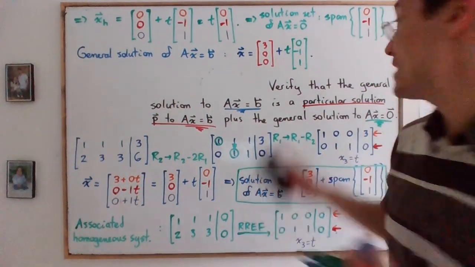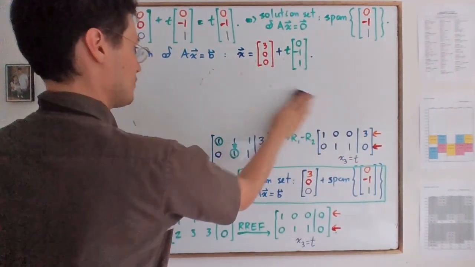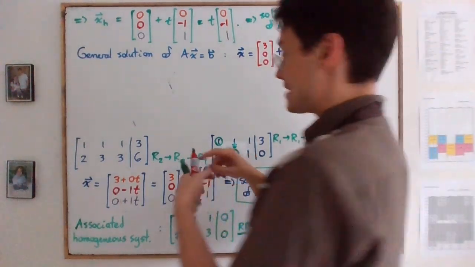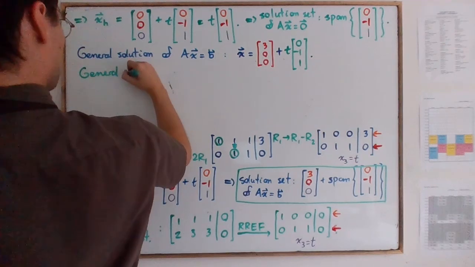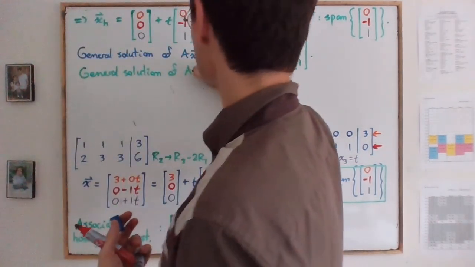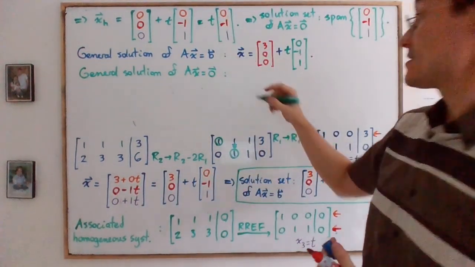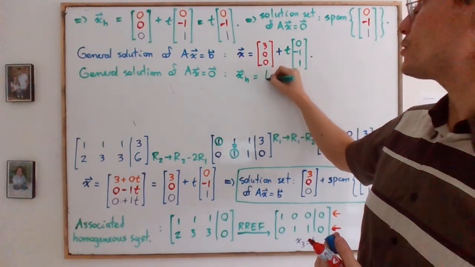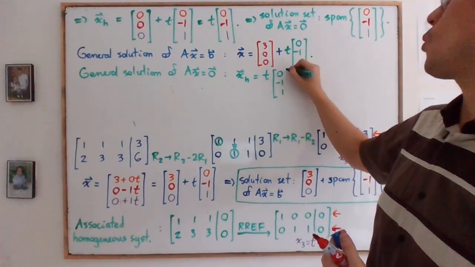And then I need to erase that sentence, which I think will be enough. And then what I want you to notice is that the general solution of AX equals 0 is just this. So it is XH that is equal to T times the vector 0, -1, 1.